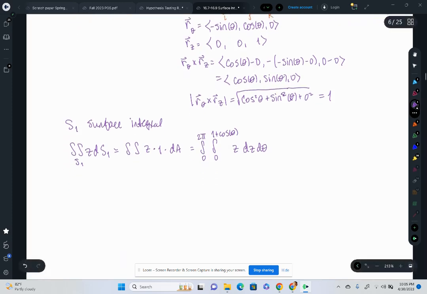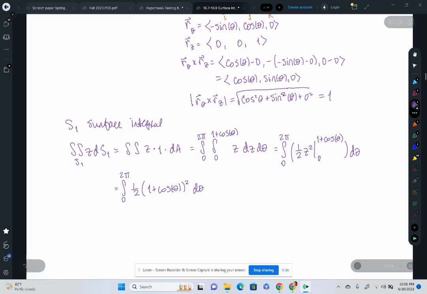Now, from here, it's not too bad. We can go ahead and integrate with respect to z. Get the integral from 0 to 2 pi of 1/2 z squared from 0 to 1 plus cosine of theta. And then when we're done with that, we'll deal with d theta. This is equal to the integral from 0 to 2 pi of 1/2 times 1 plus cosine of theta all squared d theta.